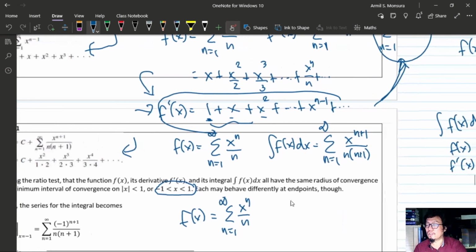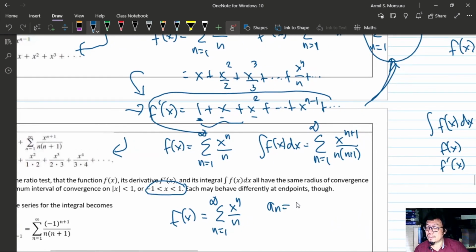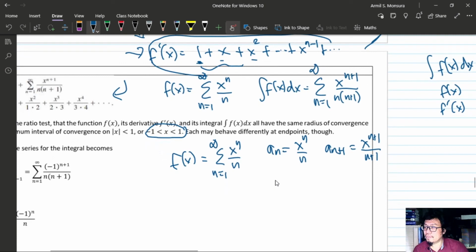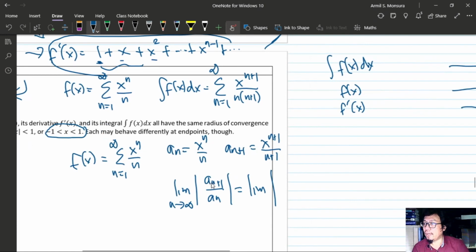So we'll have an equals x raised to n over n, and its succeeding term is x raised to n plus 1 over n plus 1. So the limit of an plus 1 over an as n approaches infinity equals the limit of x raised to n plus 1 over n plus 1, times the reciprocal of an, which is n over x raised to n.